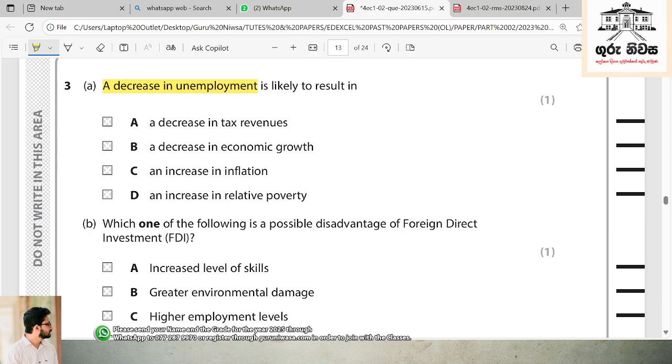But we can say the second person is better than the first one. The student who got 80 is better than the person getting 75. You get the point? It's like relative poverty.